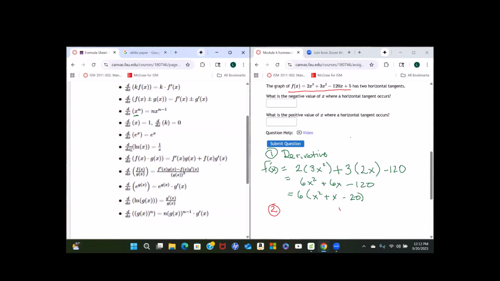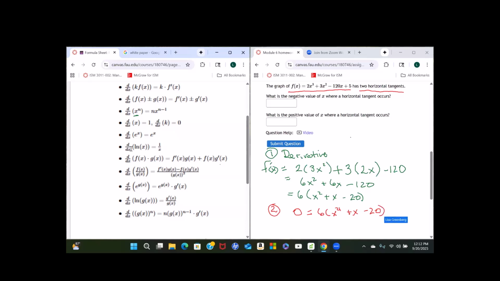Okay. I want to find two horizontal tangents. And what does the derivative tell me? It gives you the slope of the tangent line. Yes. And we just said the slope of the tangent line is 0. I'm going to say 0 equals 6 times x squared plus x minus 20.